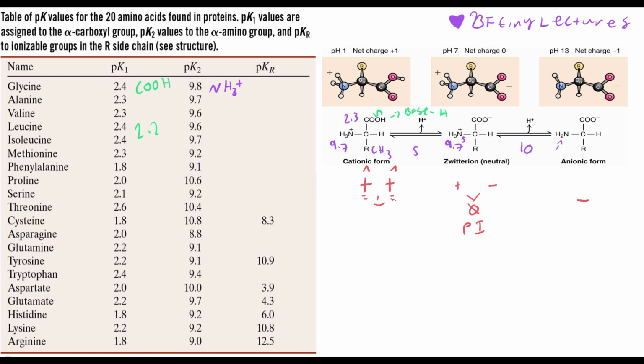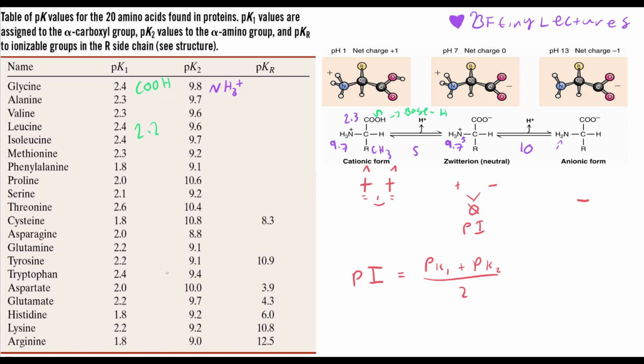Okay, so how do we find the pI value? Well, the pI value, or the isoelectric point, is equal to pK1 plus pK2 divided by 2. So you take the average. You don't want to take 3 values and divide by 3. That's a no-go.